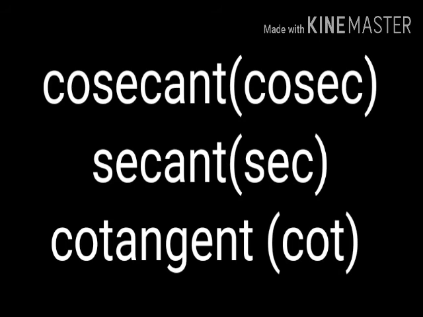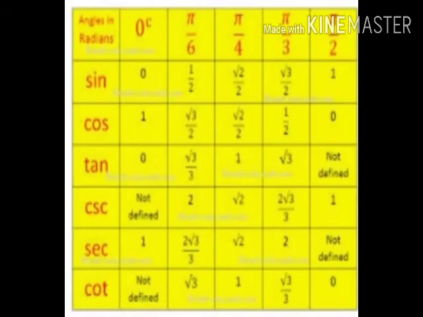Also we learned the trigonometric values of some special angles, like 0 degree, 30 degree, 45 degree and so on. That also we learnt. What is sine 0, cos 0, tan 0.